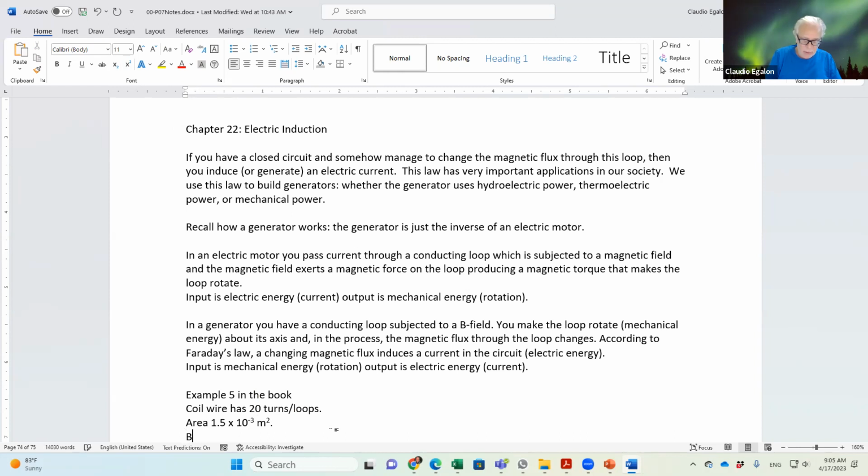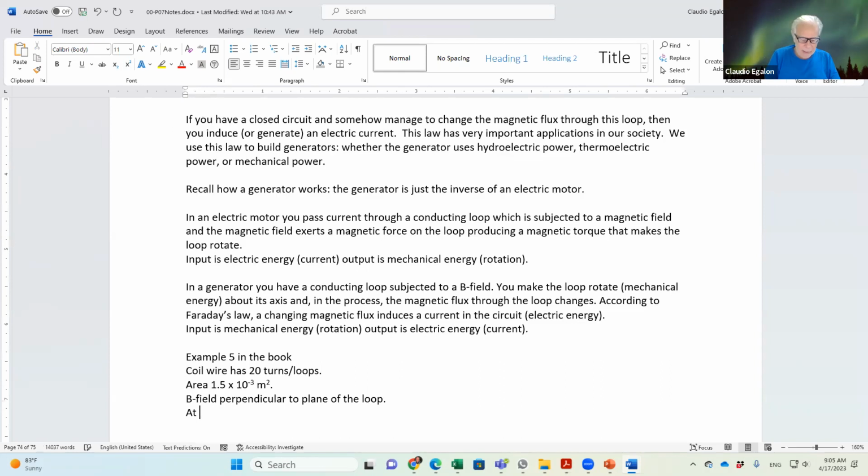The field perpendicular to plane of the loop. Okay. So the angle between, so the magnetic flux through this loop is maximum. Okay, at T equal to 0, B field is equal to 0.050 Tesla.